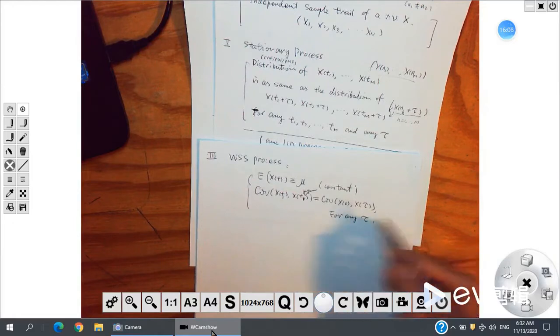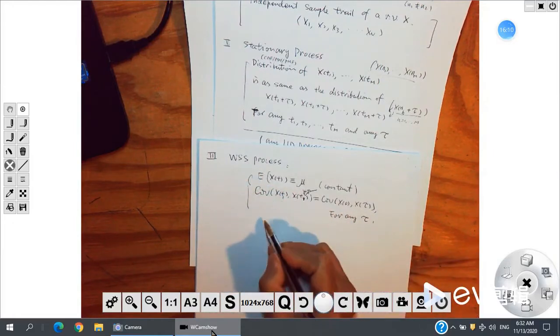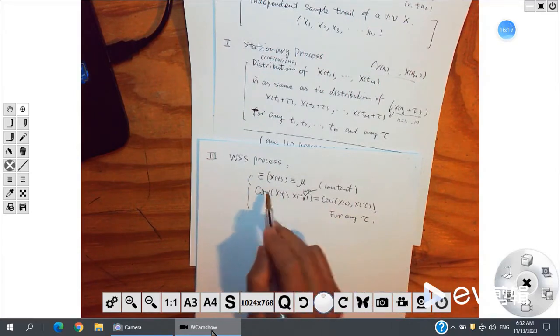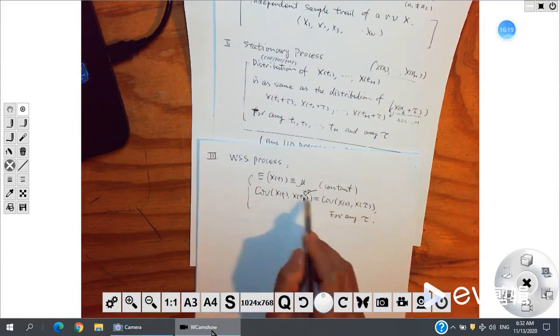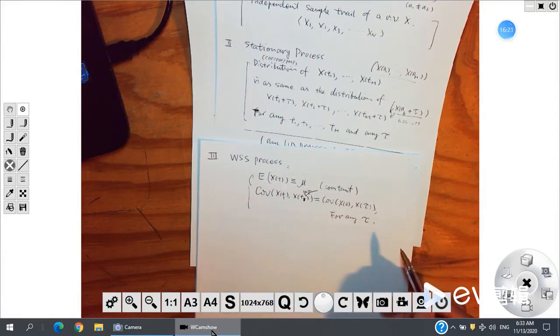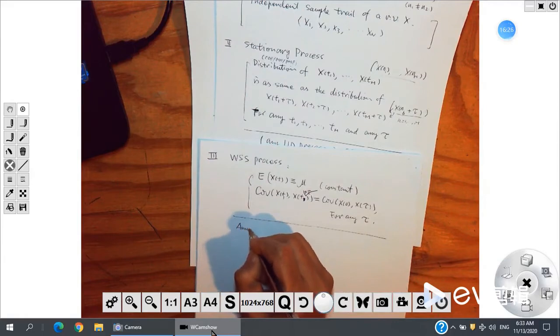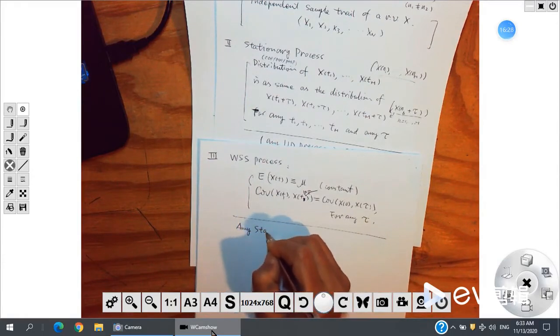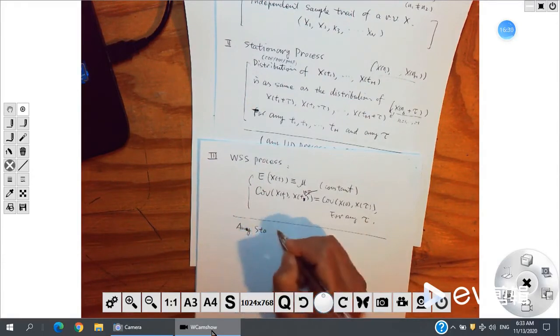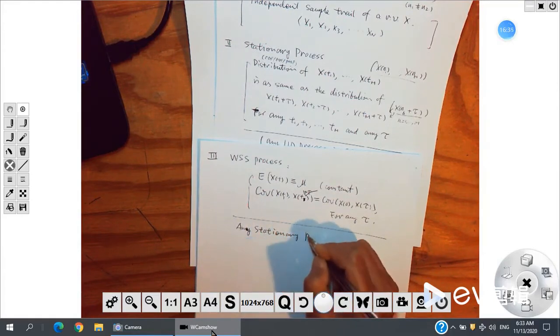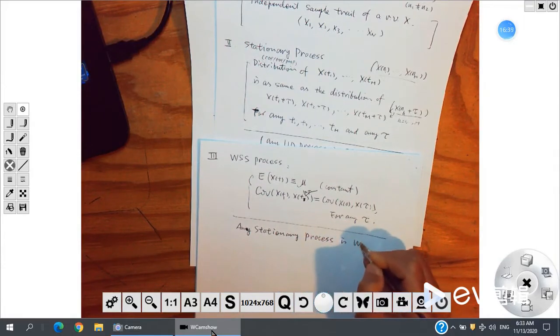So for the wide sense process, we didn't give any restriction on the distributions. We just say their mean and covariance satisfy these two conditions, and we can see that any stationary process is wide sense stationary.